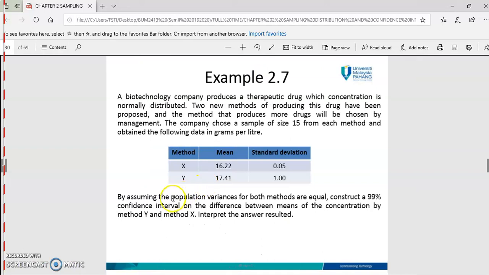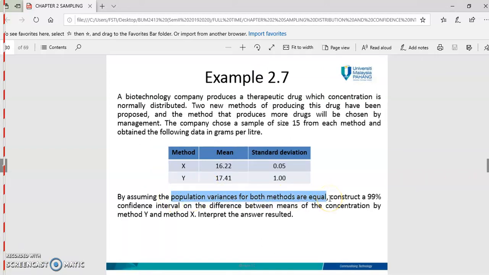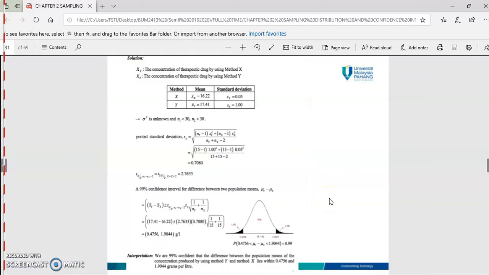Here we have equal sigma, so we go to the formula for equal population variances. And the N, which is 15, is less than 30, so we have the formula with the SP. Refer to the formula and just follow what to calculate.